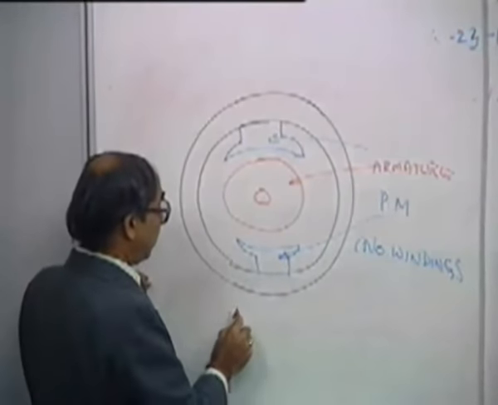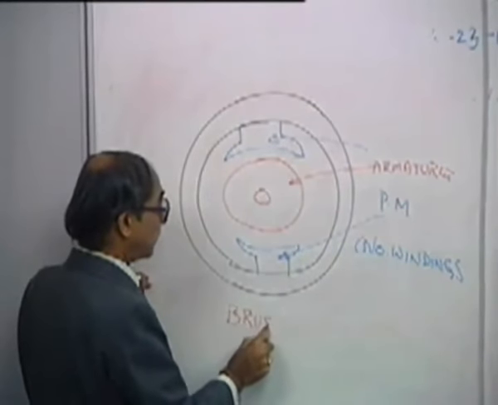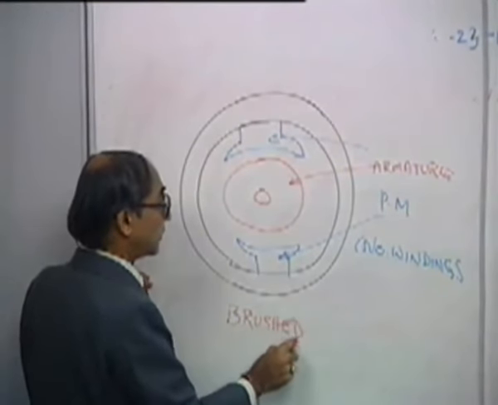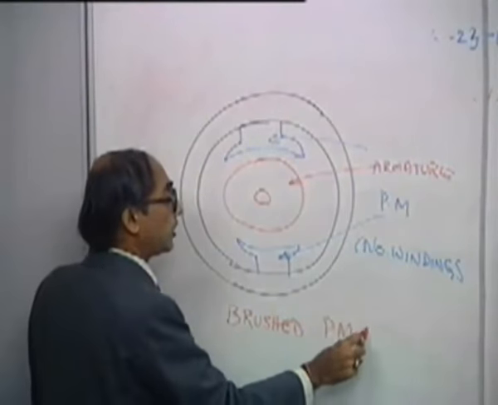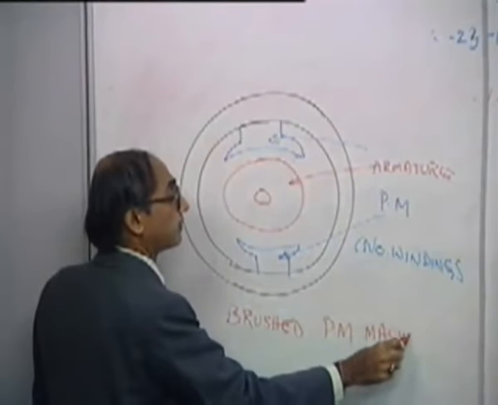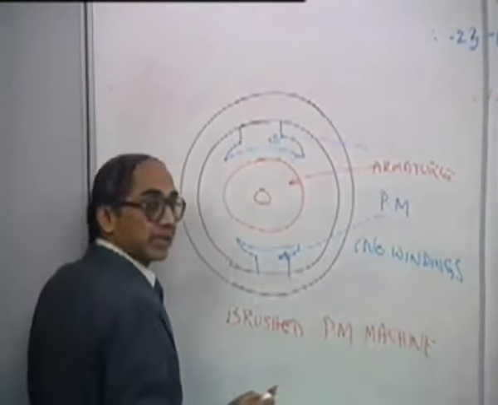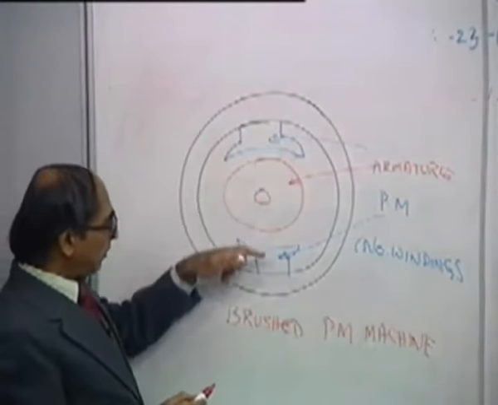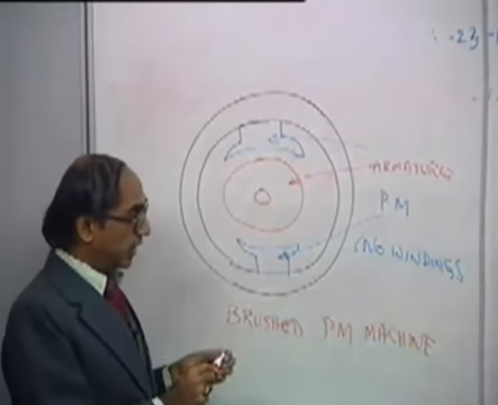So this is a brushed permanent magnet machine. So this is a constant flux, as we have already indicated.